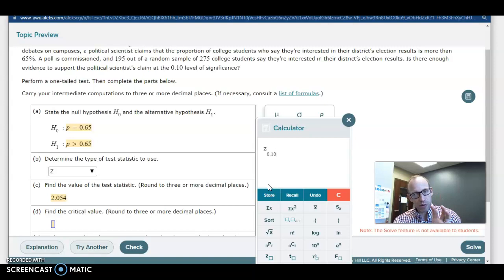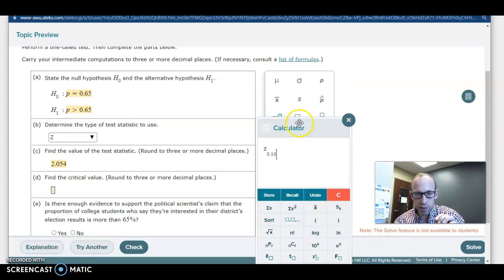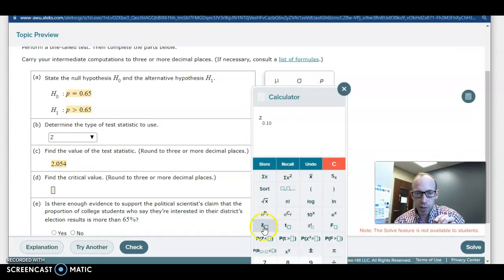Somewhere in your notes, you should have clearly marked what each of these four buttons does on the ALEKS and which direction they give you. Whatever number we put in here is the portion to the right of the z-score that we get out of the calculator.